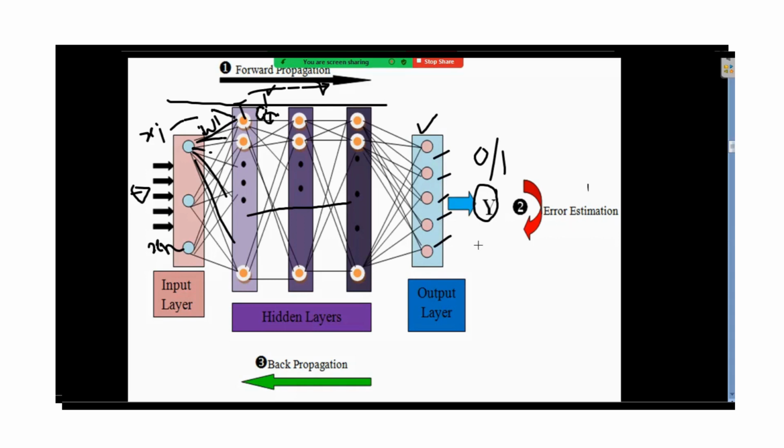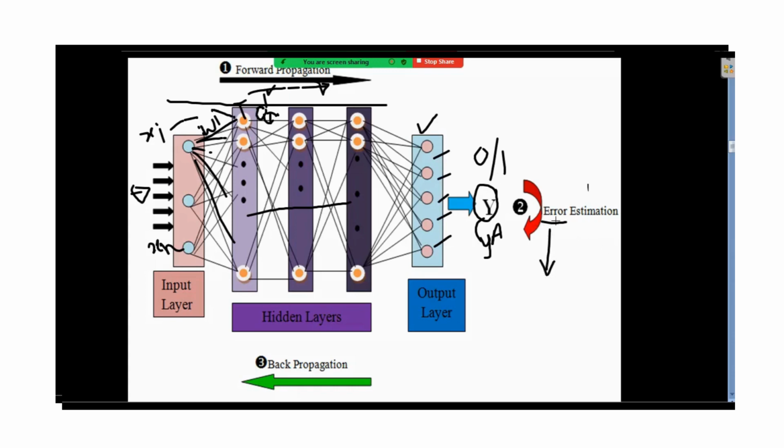Now, the obtained output is compared with the actual output. This is your actual output. The difference between these two is called an error. The perfection in prediction is measured by accuracy. If you want your prediction to be more accurate, then this error should be reduced.